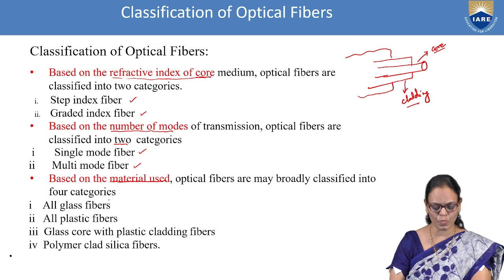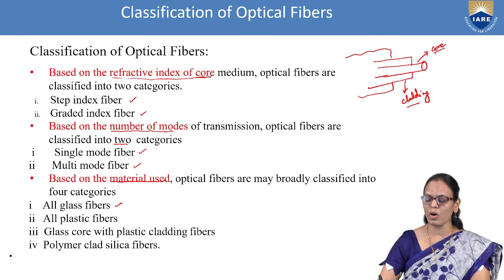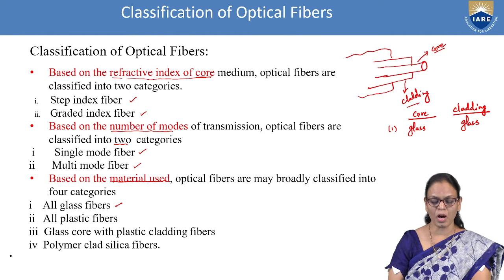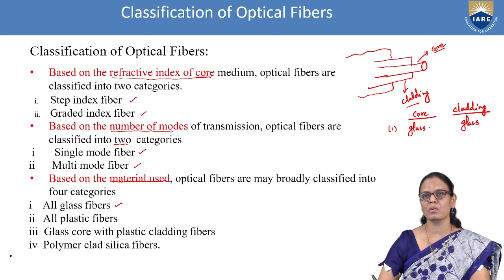The first one is all glass fibers, meaning the core is made up of glass and the cladding is also made up of glass. This is the first type, glass core with glass cladding. So both are glass.